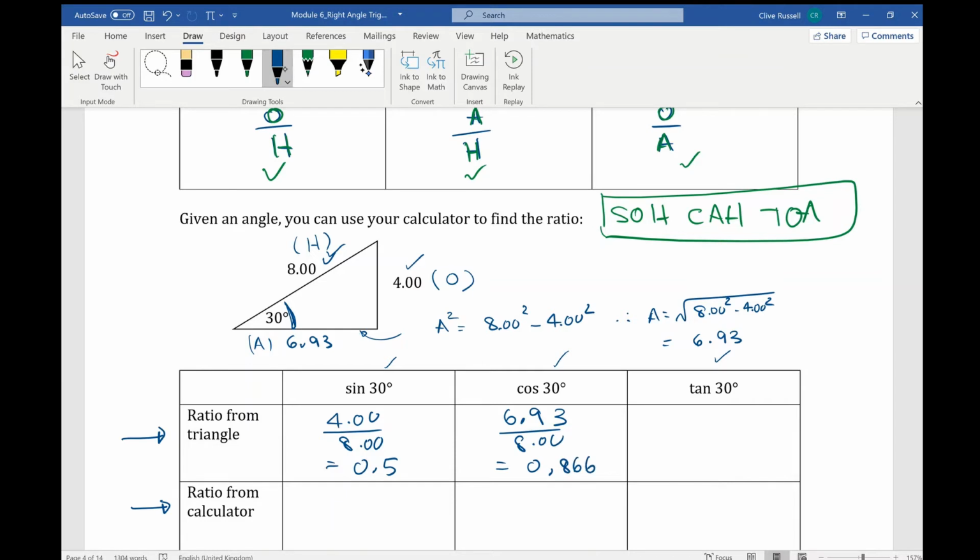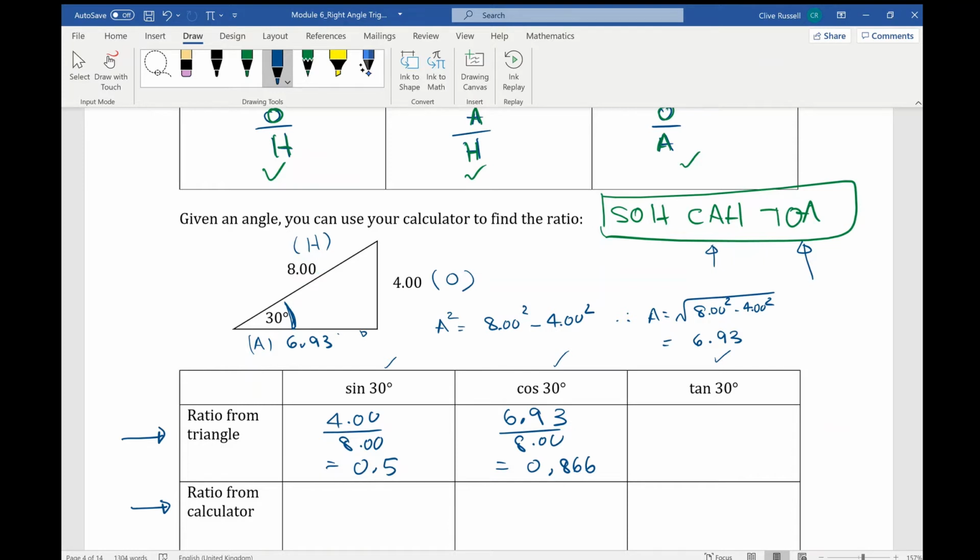Let's do that one again. I'm going to erase this and this, right? Let's go again. Cosine, if you remember, is adjacent over hypotenuse. The adjacent is 6.93. The hypotenuse is 8. So cosine is 6.93 over 8. Now for the tangent, what's the definition of tangent? Well, tangent is opposite over adjacent. We have labeled this already.